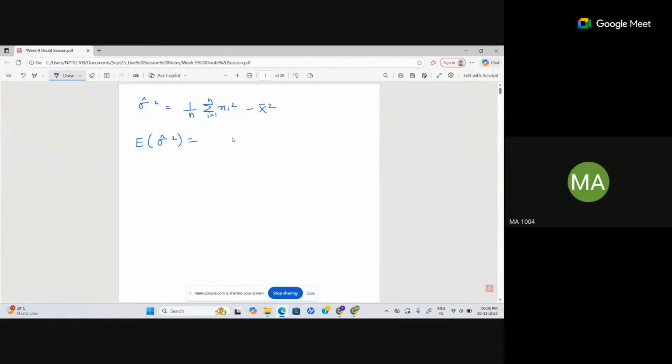So now the expectation of this function, 1 upon n summation xi square, i going from 1 to n, minus x bar square. Now this will be 1 upon n, summation i going from 1 to n, and here the expectation will come over xi square, and this will be expectation of x bar square.